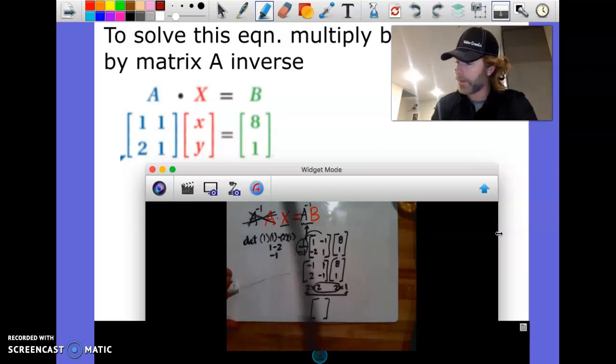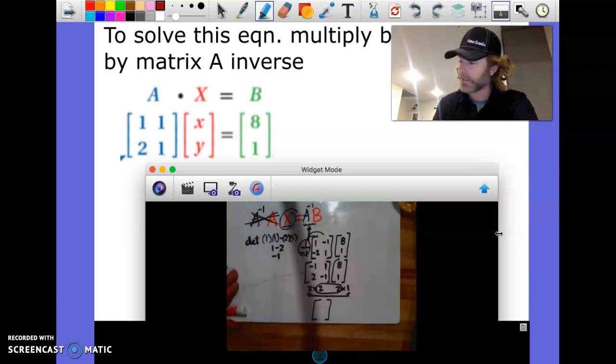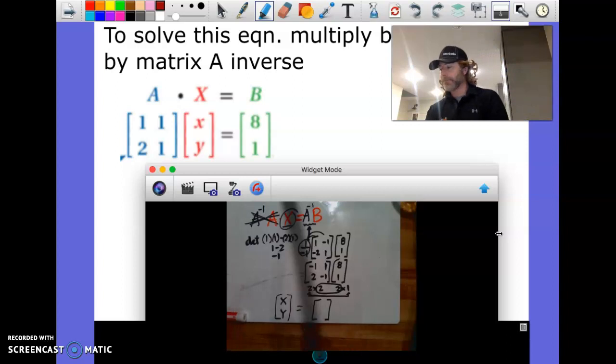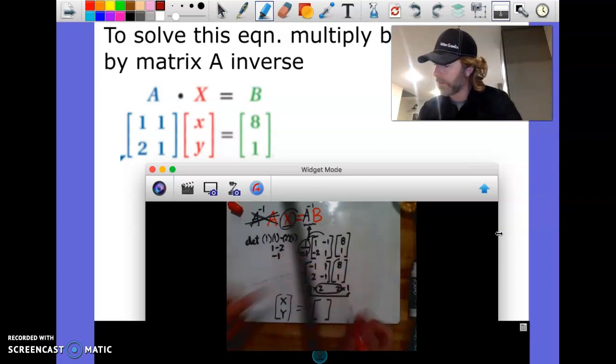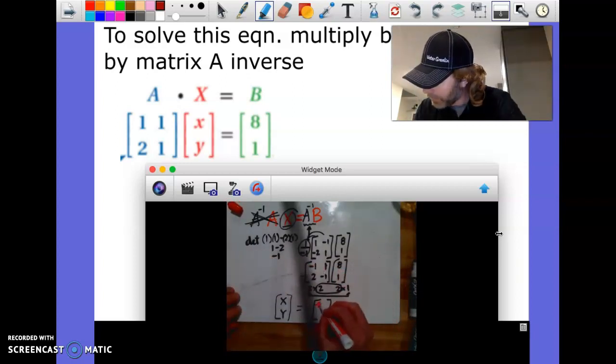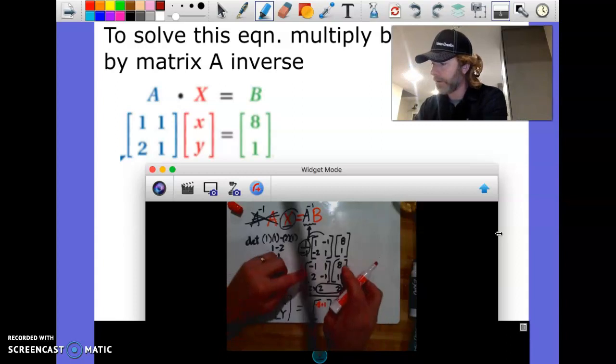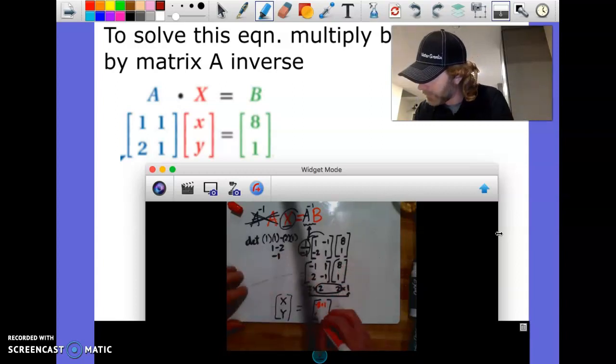And because this side is X and Y, that's ultimately what I'm going to solve for. So I'm going to use a different color here and use my fingers. This is negative 8 plus 1, and then I'm going to redo it: 16 and negative 1.